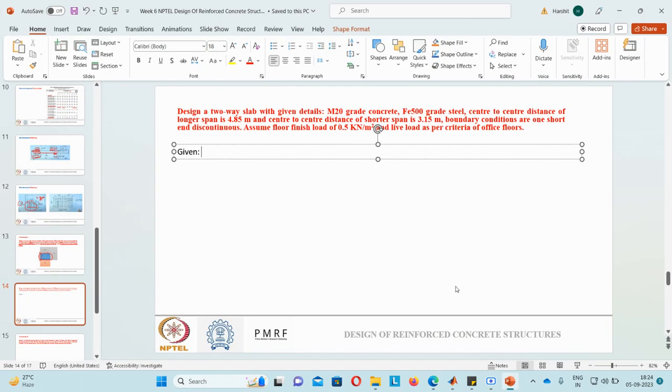Yeah. So it is given M20 grade concrete, Fe 500 steel. Okay, and Ly, the longer span length, is given to us as 4.85 meter. Lx is given to us as 3.15 meter. Okay, and boundary conditions: one short edge discontinuous.